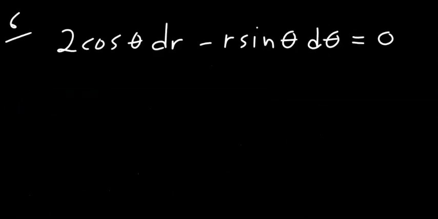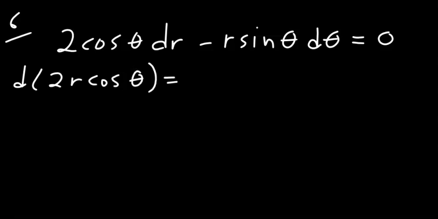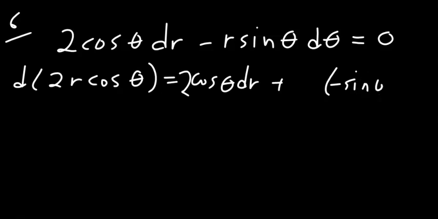Problem 6. Let's first try to convert this entire line in a form of differential. We can note that the differential of, say, 2r cosine theta is, first, let's do the 2r. Treating cosine as a constant, the differential of 2r is just 2 times dr. Now, do the theta. Differential of cosine theta is minus sine theta d theta, and don't forget to write 2r and treat that as a constant.